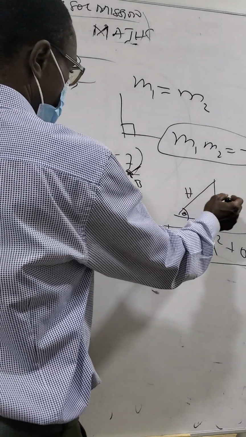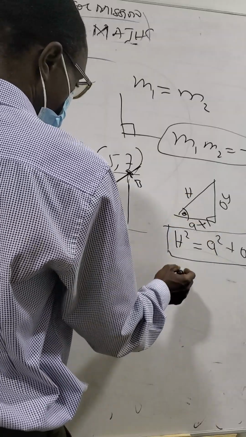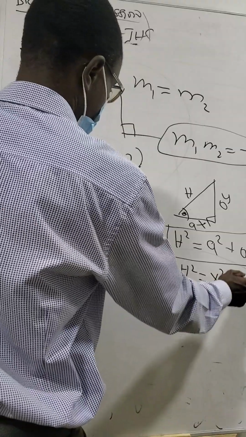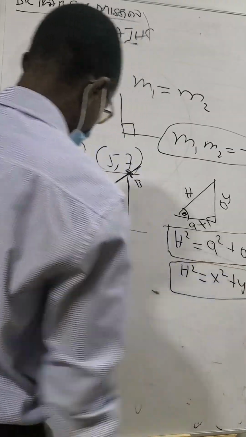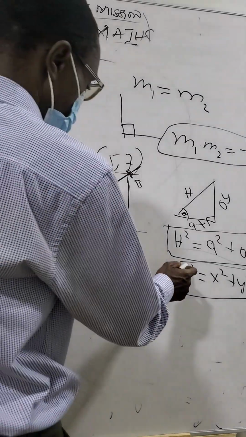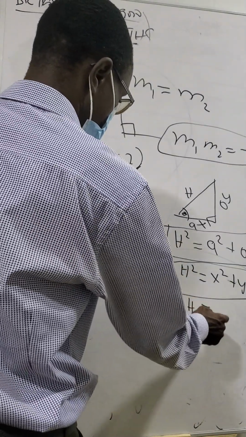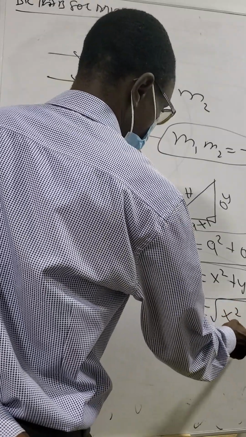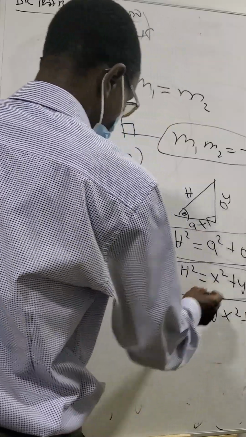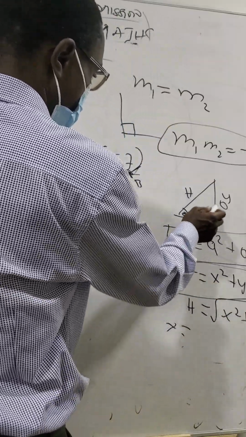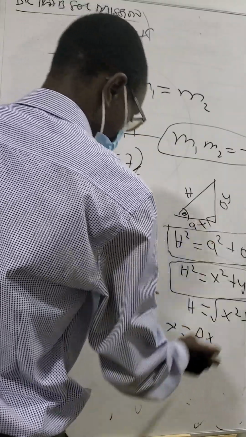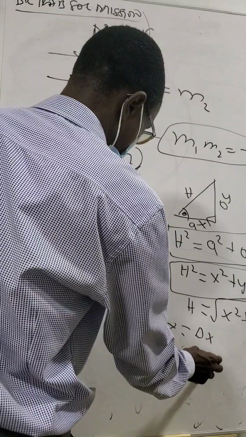You can also say this is y and this is x, so h squared is equal to x squared plus y squared. If we want to find h, then h becomes the square root of x squared plus y squared. But remember, x is the change in x, and y is the change in y.